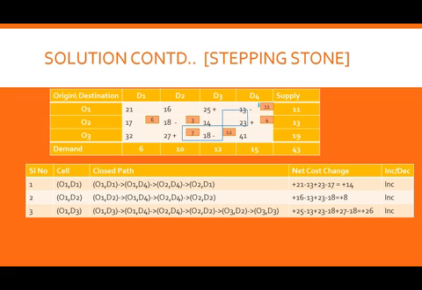So O1 D3 is the next reference. Here I will just show you the loop, because this is a different type of loop that you have not encountered till now. The point of reference is O1 D3. From here I move to O1 D4. From O1 D4 I move to O2 D4. From O2 D4 I move to O2 D2. From O2 D2, O3 D2.